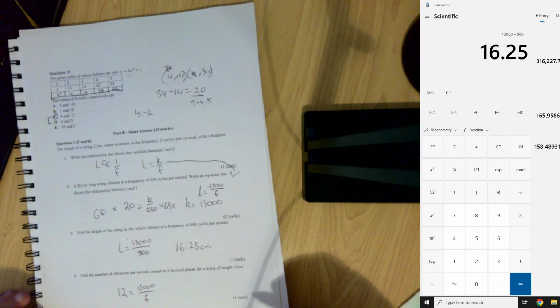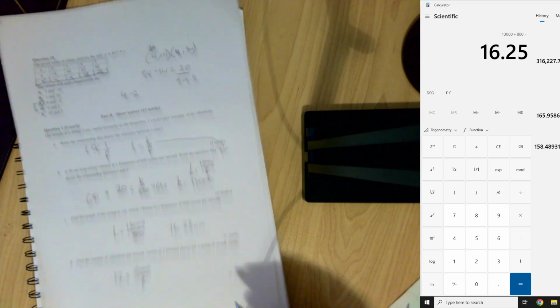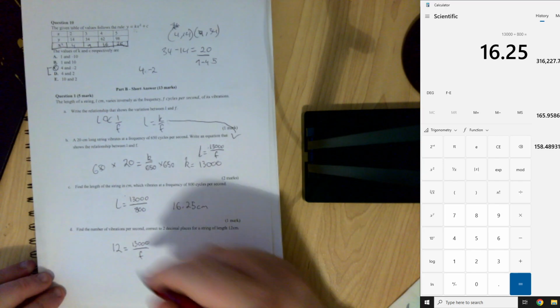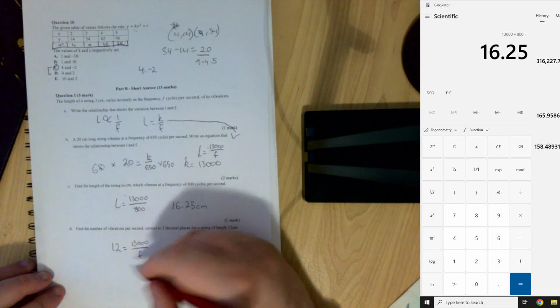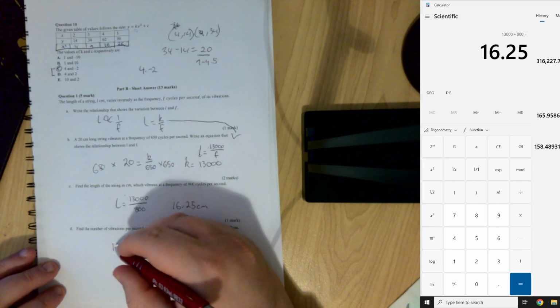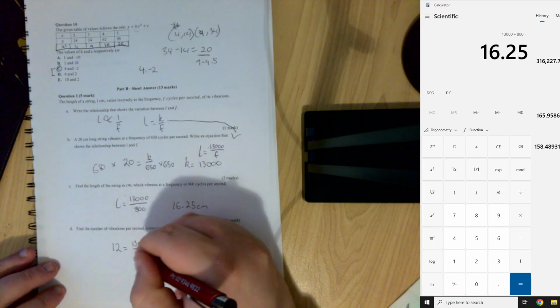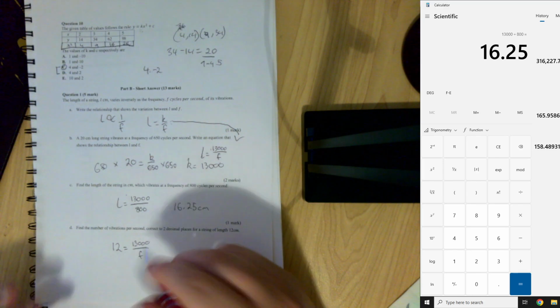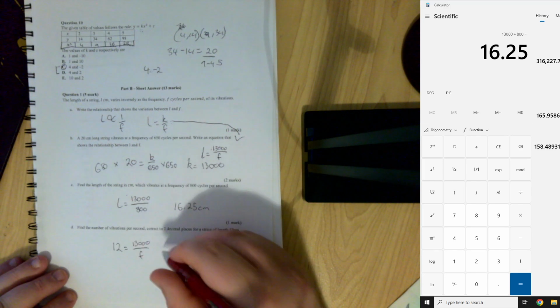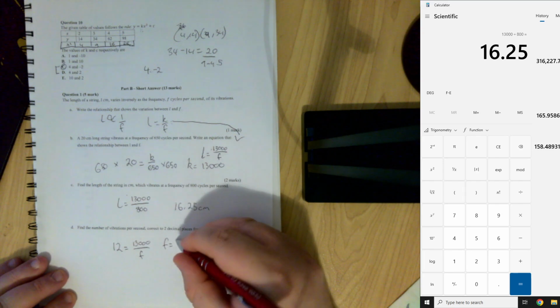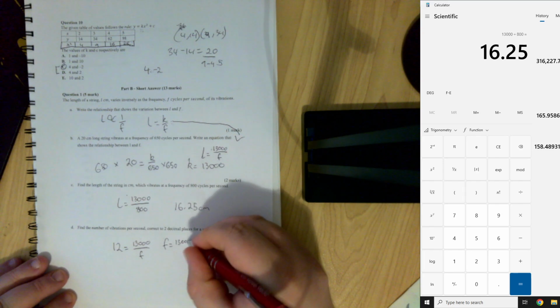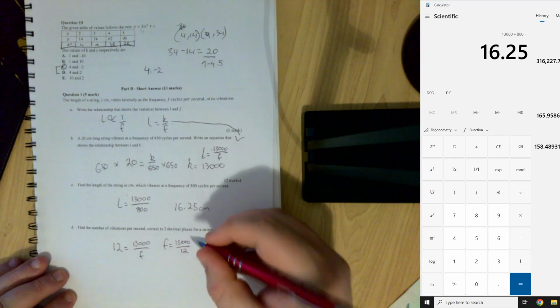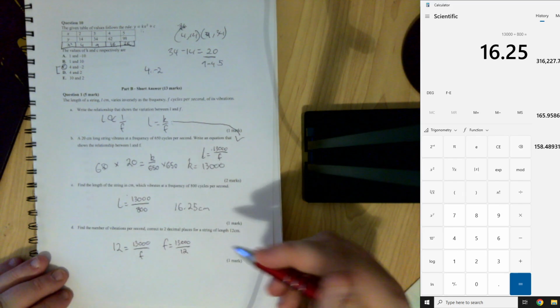And you can do a bit of mucking around, but you should know that when you're dealing with an unknown on the bottom and an answer here, you can basically swap these two. Essentially you multiply, so you divide both sides by 12, multiply both sides by F, and it swaps their places. So F equals 13,000 over 12 is an acceptable thing to do.